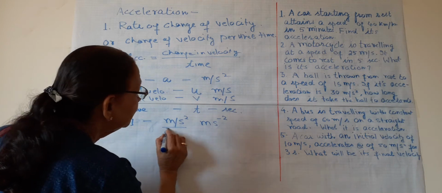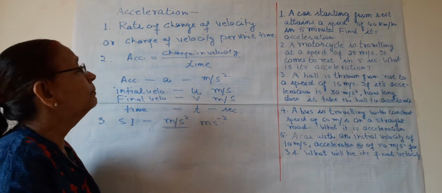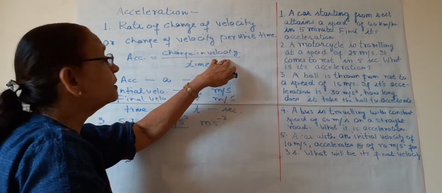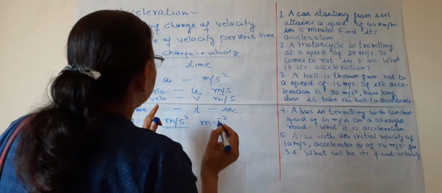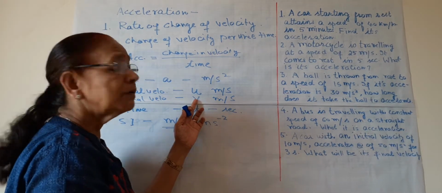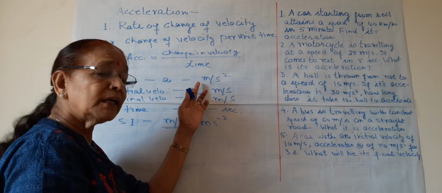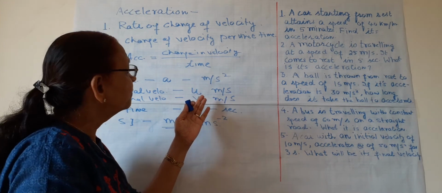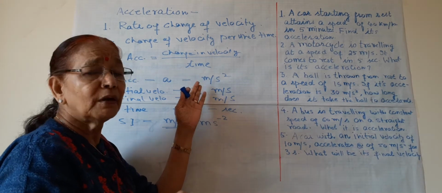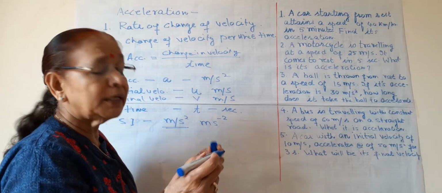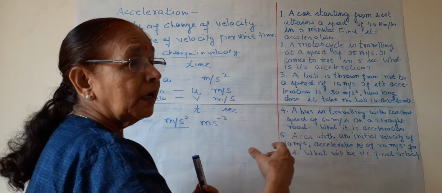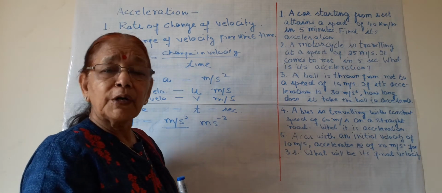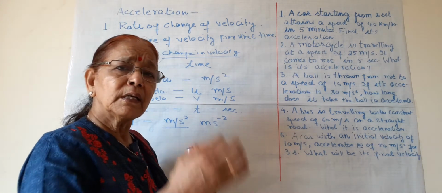From where has this unit come? If we look at this formula, change in velocity. What is change? There should be some final velocity and some initial velocity. So what will be the change? Final minus initial will be the change in velocity. Suppose a car is at rest. What should be the initial velocity? 0.